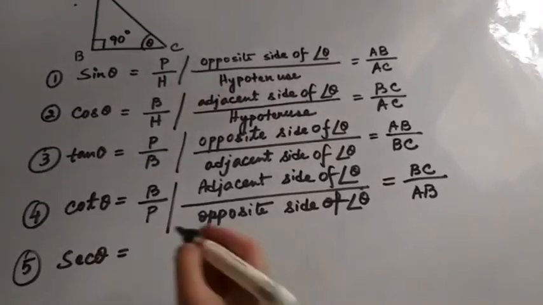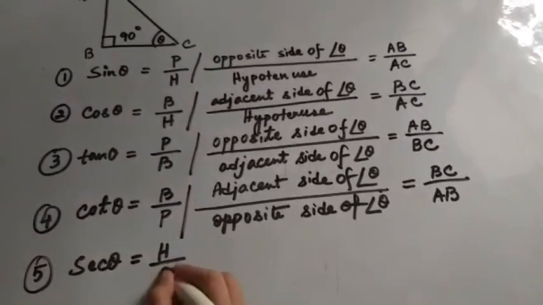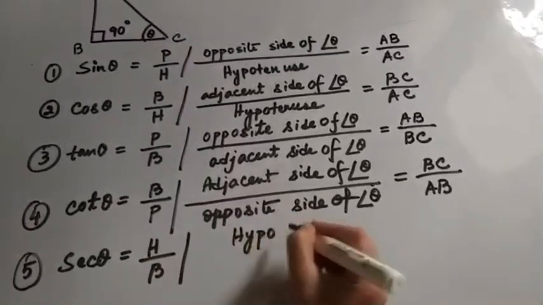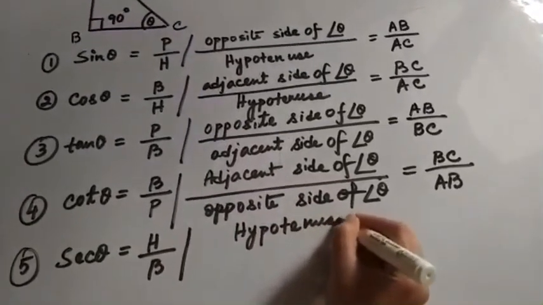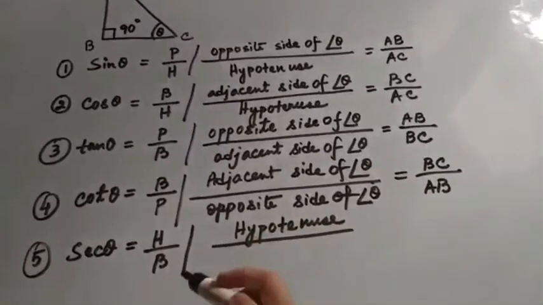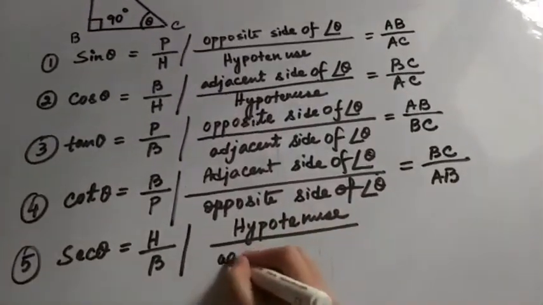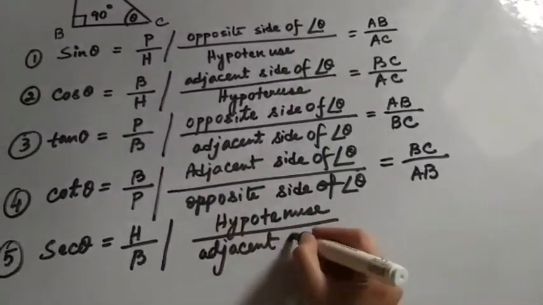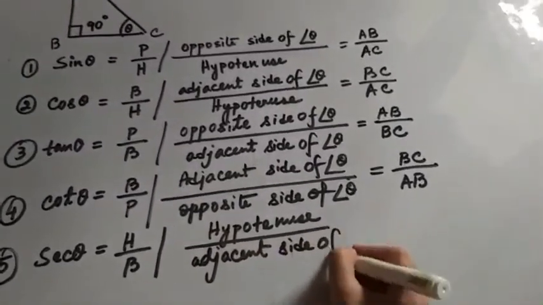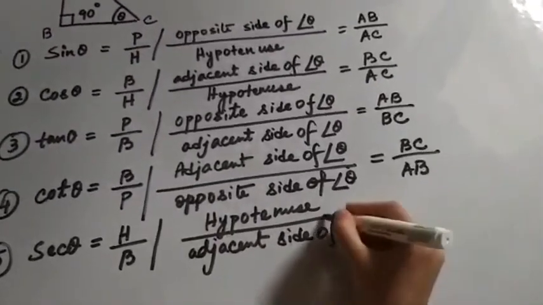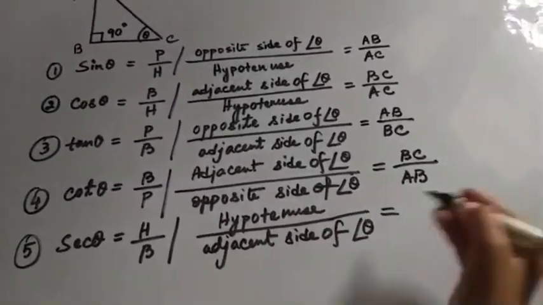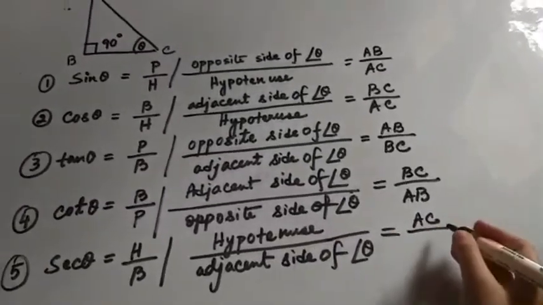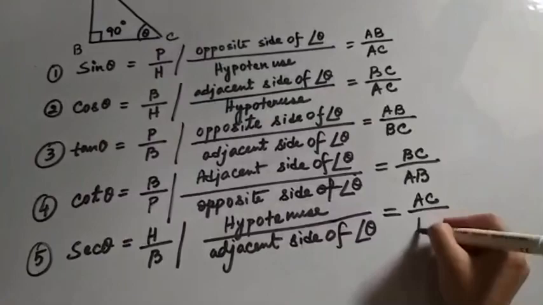That means it will be hypotenuse by base, which means hypotenuse divided by adjacent side of angle theta. Okay, so hypotenuse means AC and adjacent side of angle theta means it will be BC.